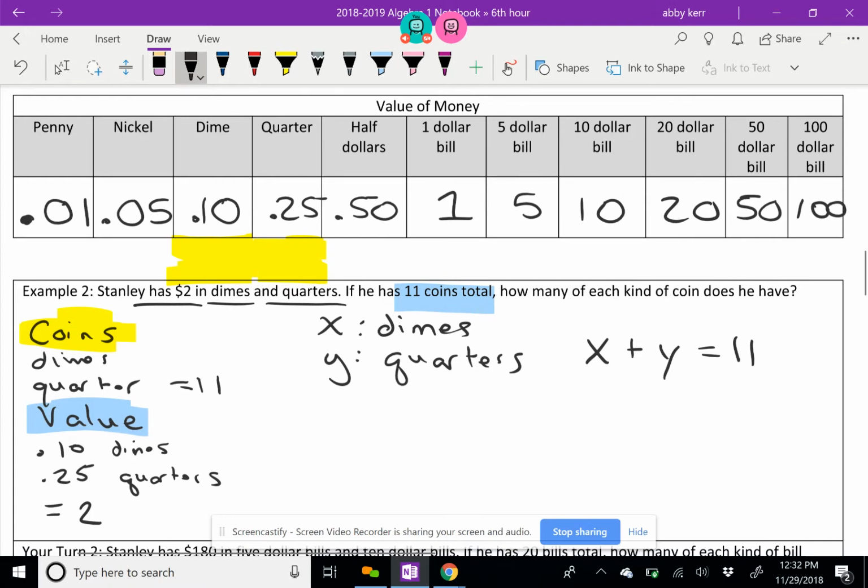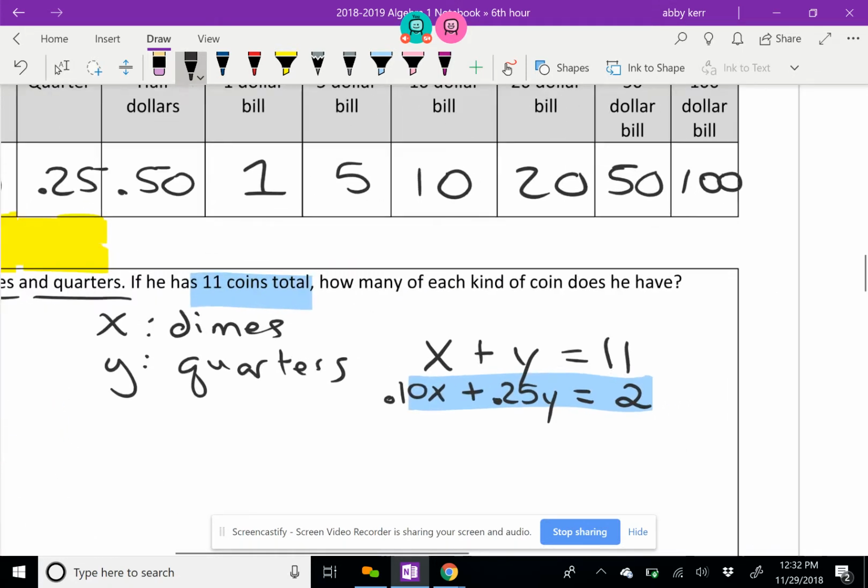Now the value, this is where it gets a little complicated. The value equation is how much is that dime worth? That dime is worth 0.10x plus how much is that quarter worth? 0.25y equals how many dollars does he have? 2.